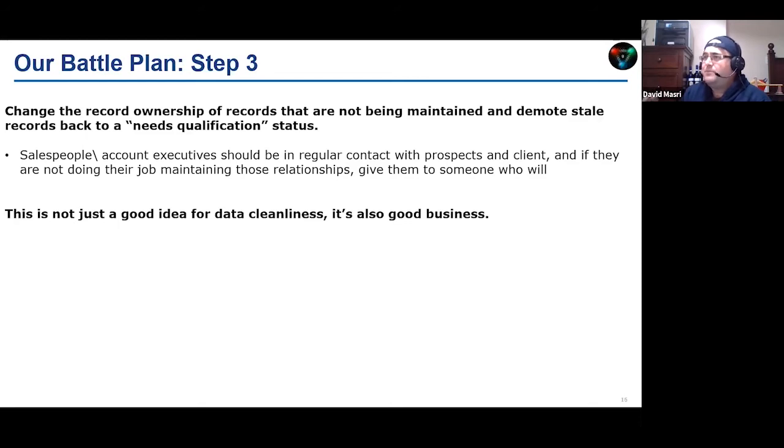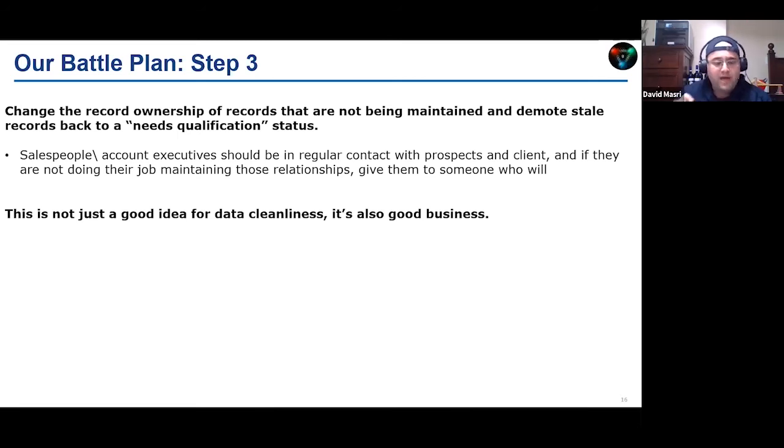And if the data is not being maintained, you want to not only update that formula field that's telling you how the data is classified as stale or bad, but you also want to potentially demote the actual record type.